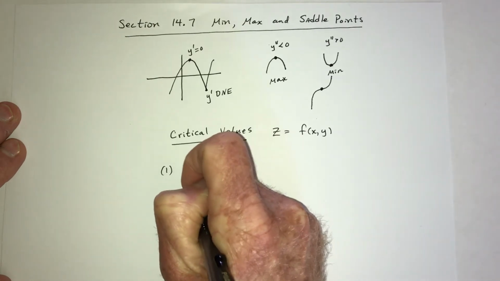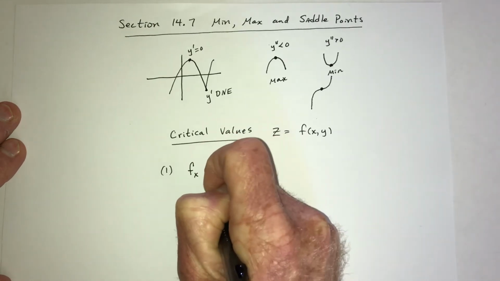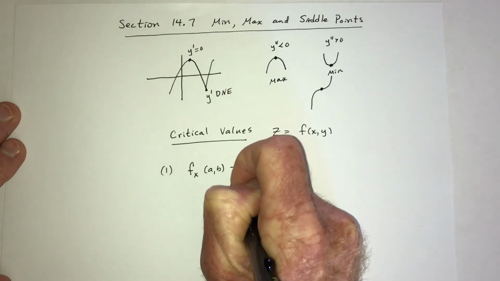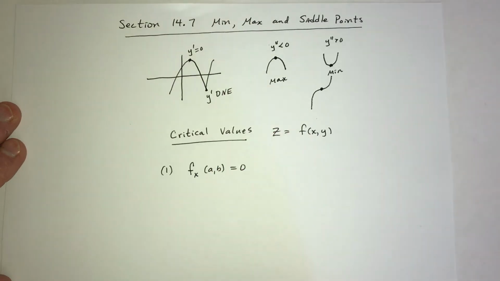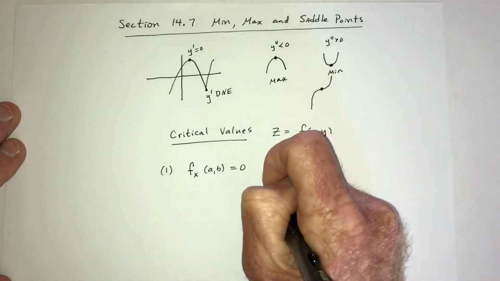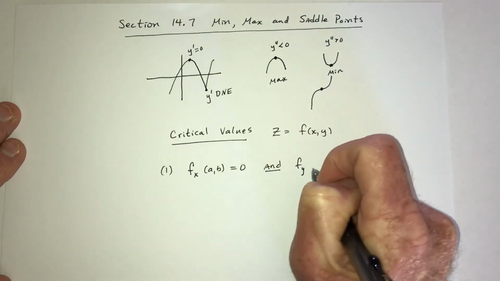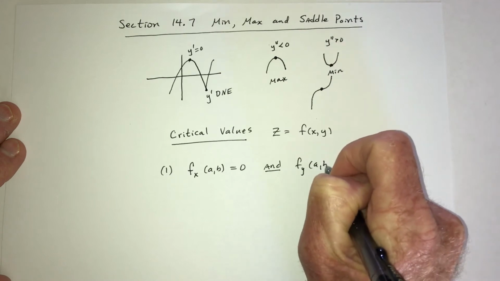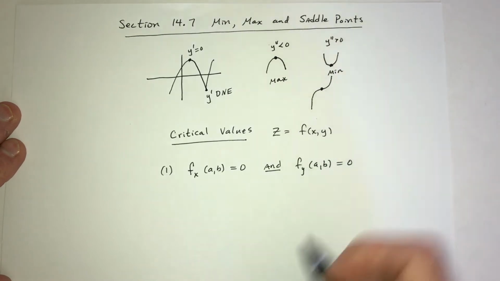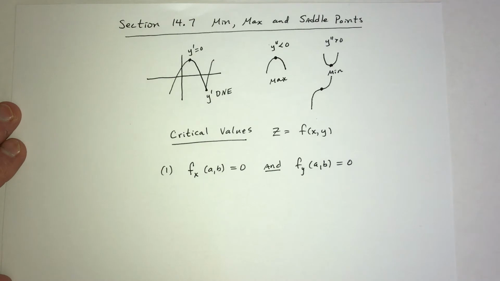One is you take the derivative at some point a comma b, and it equals 0. Also, at the same time, the derivative with respect to y will also equal 0 at that point. If that happens, you've got a critical value.